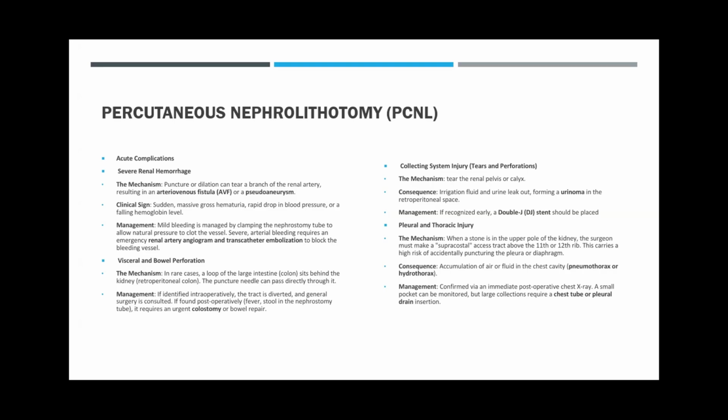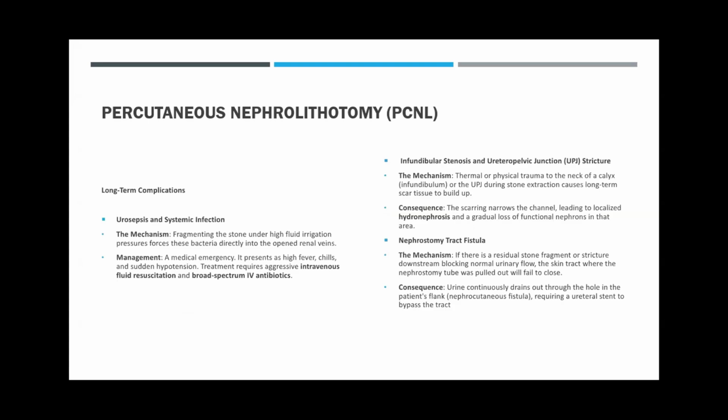Then there is a collecting system injury. It can be a tear or perforation, and it can lead to urinoma, and we can treat that with a double J stent. Then there is a risk of pleural and thoracic injury, and this can lead to pneumothorax or hemothorax, and we can treat that with a chest tube or pleural drain.